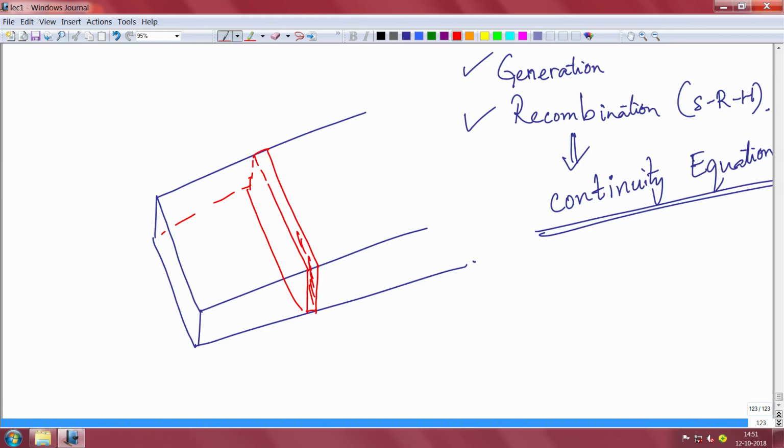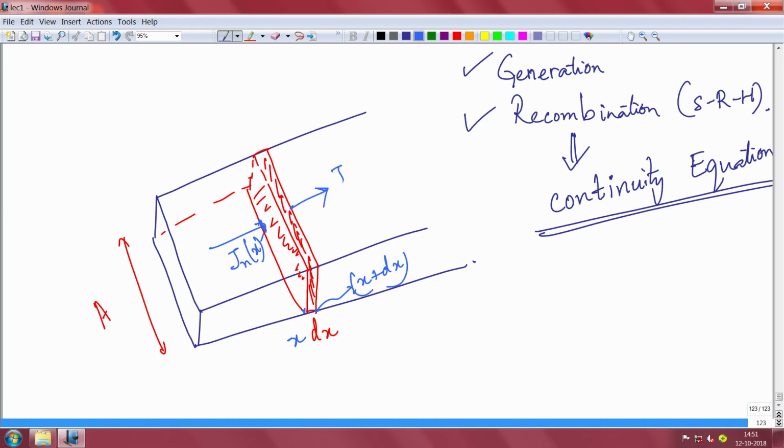The slice thickness is dx, and the uniform area is A. There is a current flowing, Jn. This point is x, this point is x plus dx. So, the current at this point is Jn of x, and the current that is coming out is Jn of x plus dx.